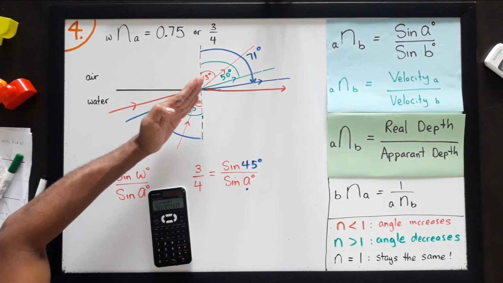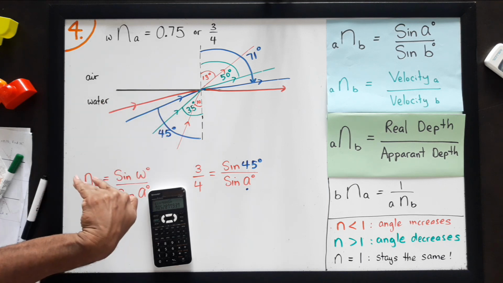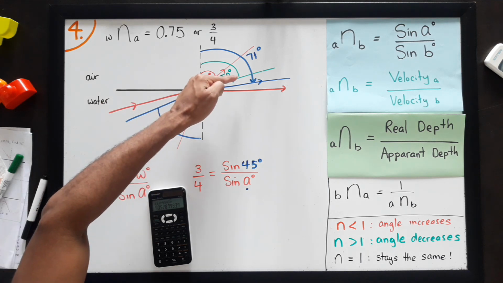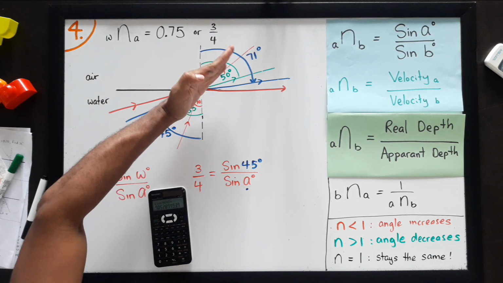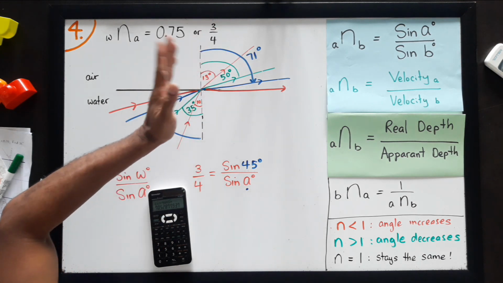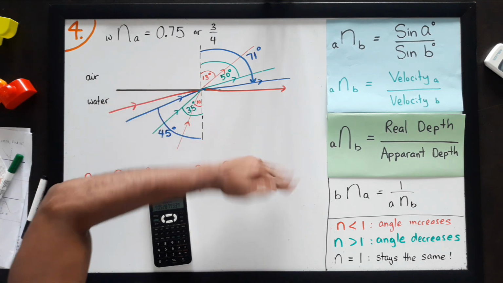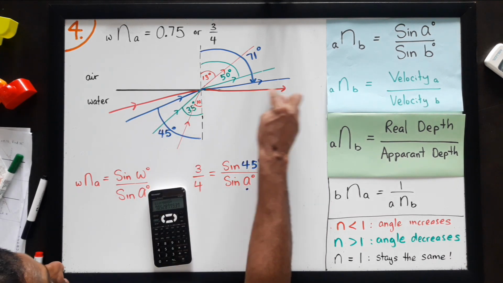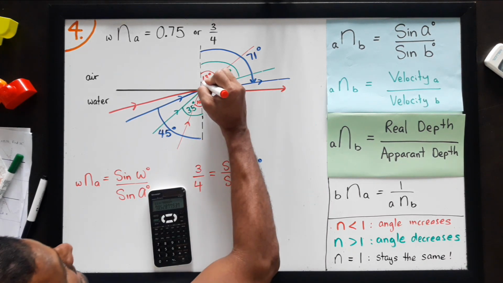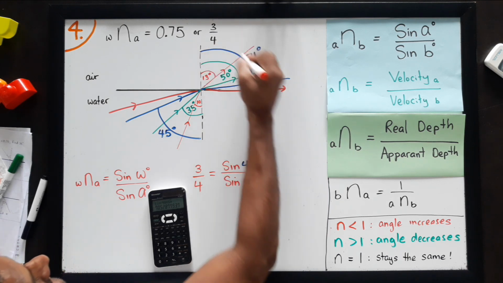When the angle is too large on this side, it causes the light not to enter the other medium. It causes it to be, well, the actual term is totally internally reflected back into the original medium. And the angle that causes this to be 90 degrees, so you notice it went from 13 to 50 to 71.